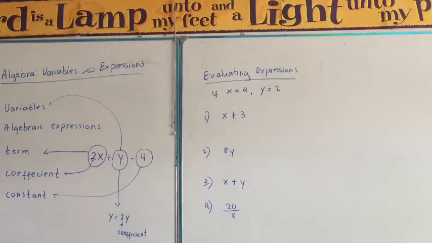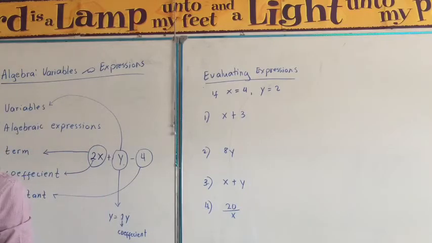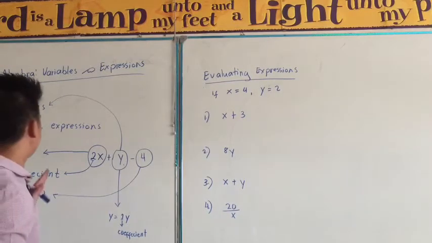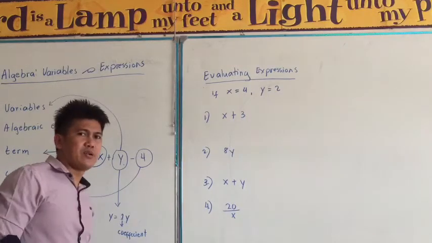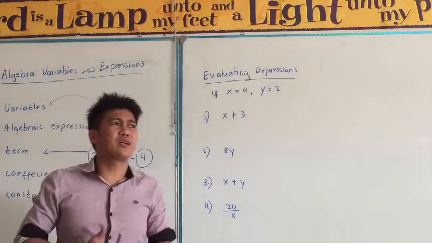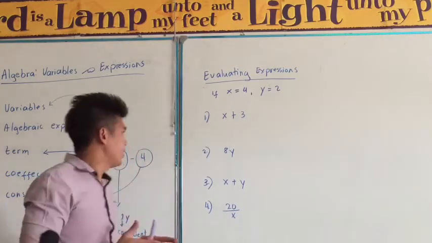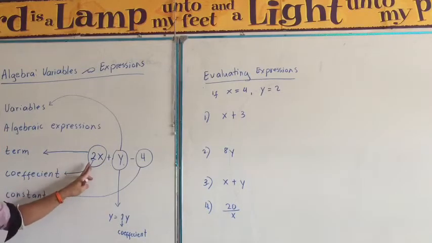Number 4 vocabulary is coefficient. What is a coefficient? It is the numerical factor that contains the number. For example, in 2x, our coefficient is 2.